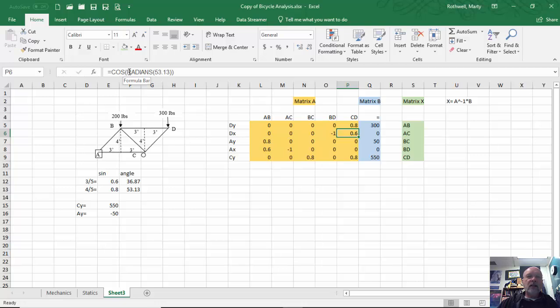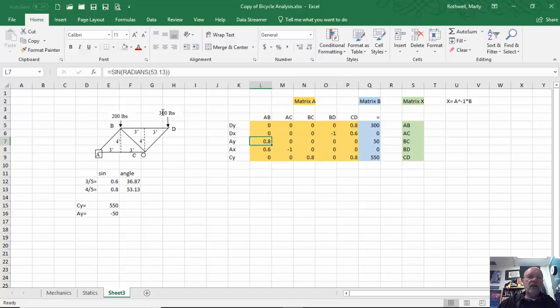You have to change from radians to degrees, so the expression is cosine of radians 53.13. Take this angle, change it from radians to degrees, and give me the cosine. And that's how you get 0.6.